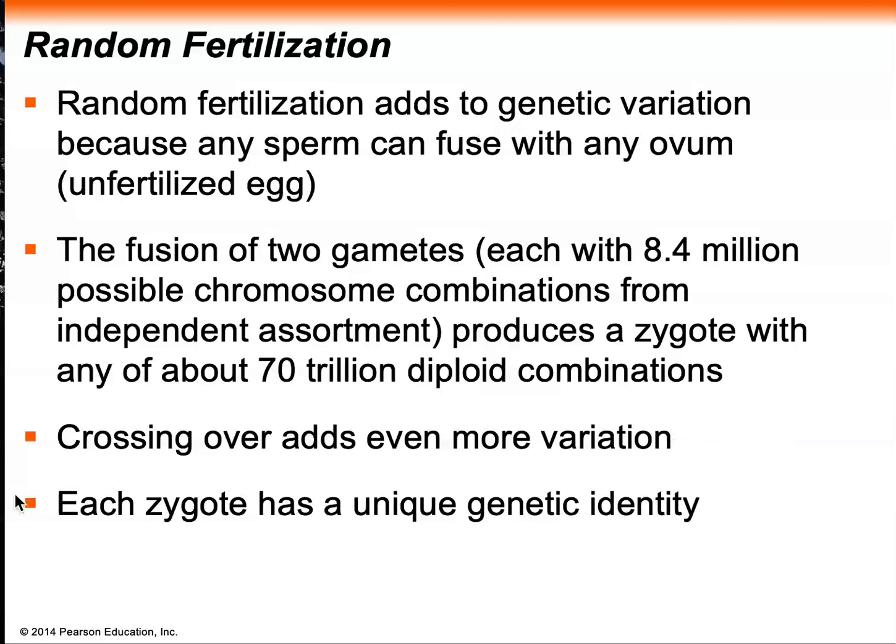So this is how we get that unique variation that happens in each zygote. And even within a family where you're sharing half of your genes between you and your siblings, there's still a large amount of variation that happens because of that randomness of which gametes come together.